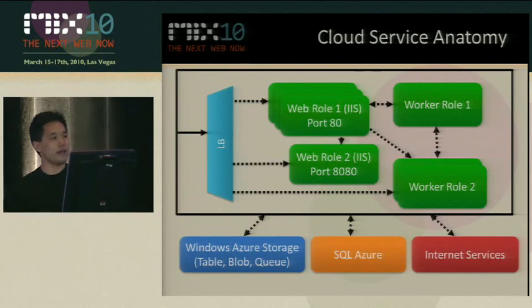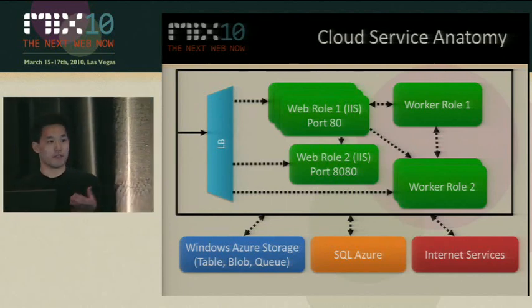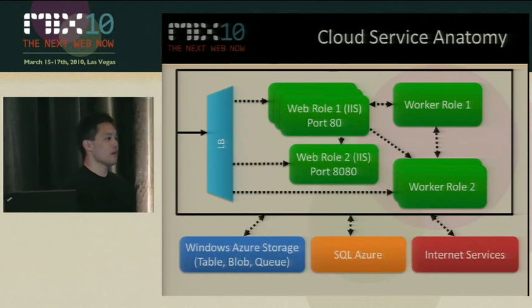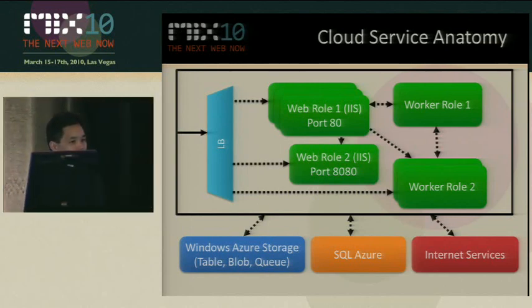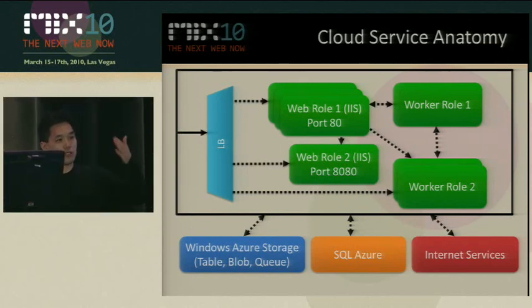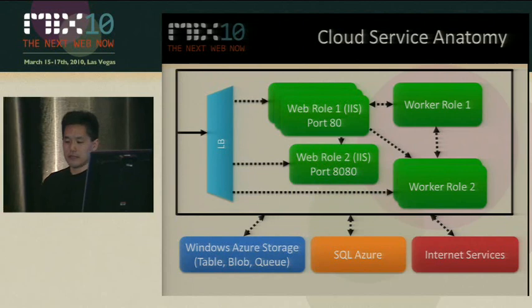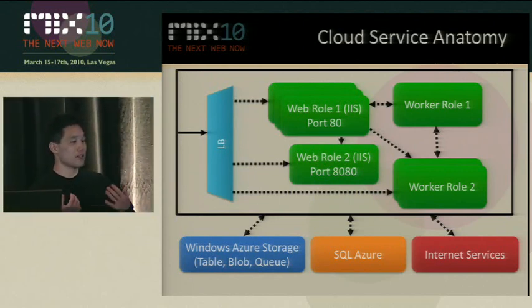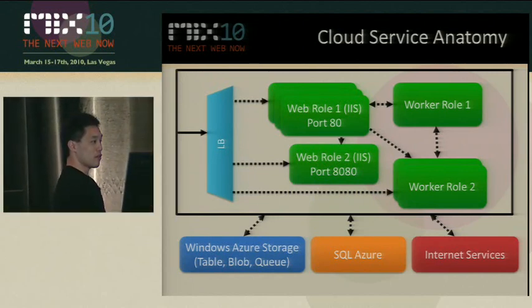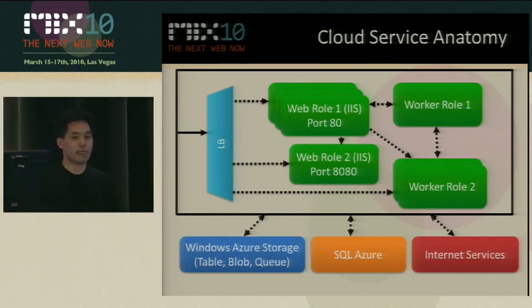But what does that really mean from a development standpoint? Well, it means that we have a load balancer in front of those instances, and that requests are going to come to each one of those different instances. So if you have a web application today that writes to the virtual directory, the vdir, or potentially just writes to the local file system to store your data, well, that's not going to work very well if one request comes to one VM and the next request comes to a totally different VM.